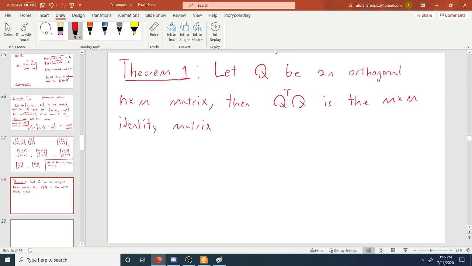So here's how we're going to see this. Q here can be understood as having a sequence of columns V1, V2, and so on, up to Vm.